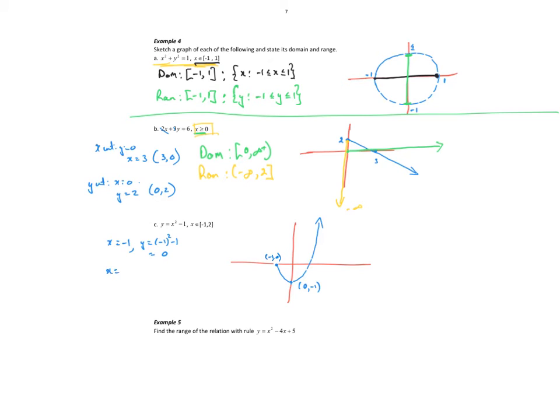If x is equal to 2, well then y will equal 2 squared minus 1, which is 4 minus 1, which is 3. So 2 must be, we'll say it's here. Let's just stop my graph about there. And that's the point x equals 2, y equals 3.